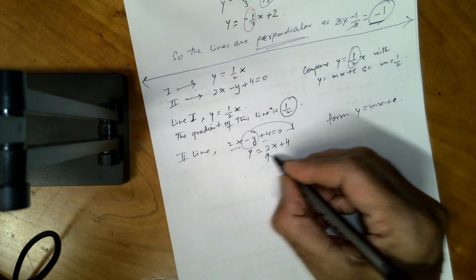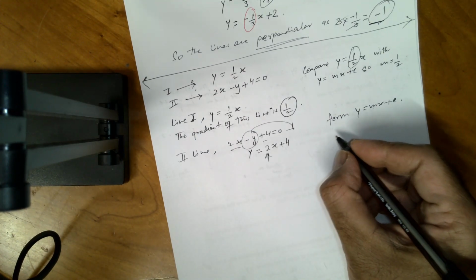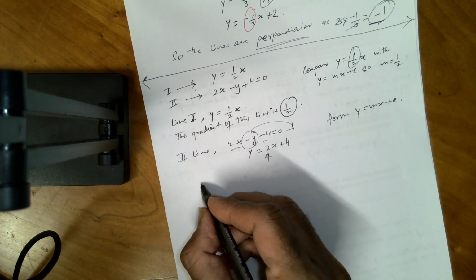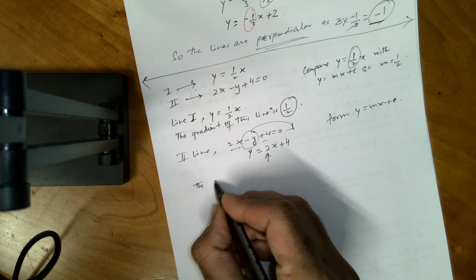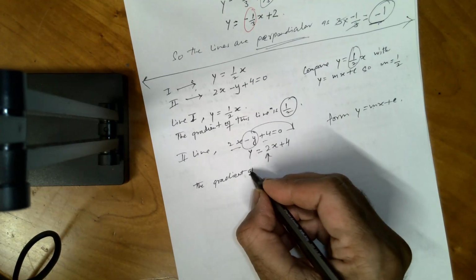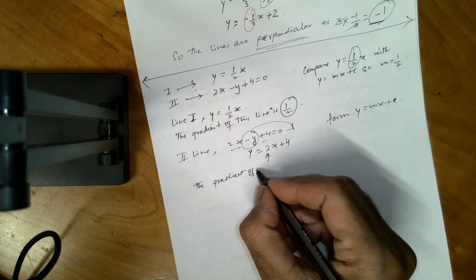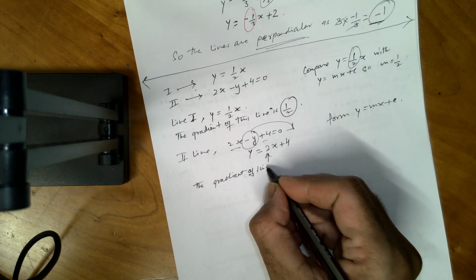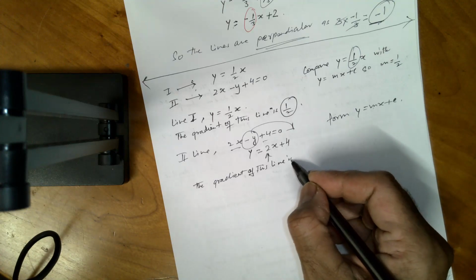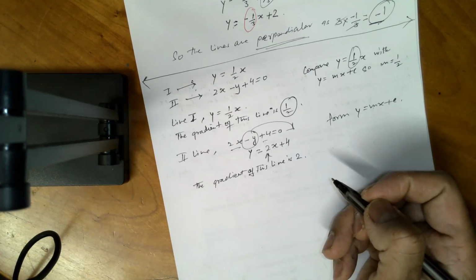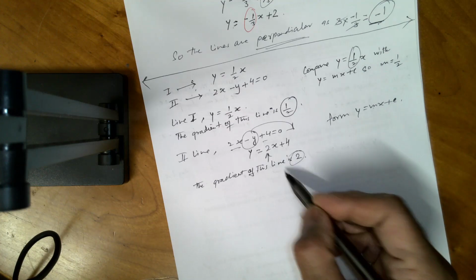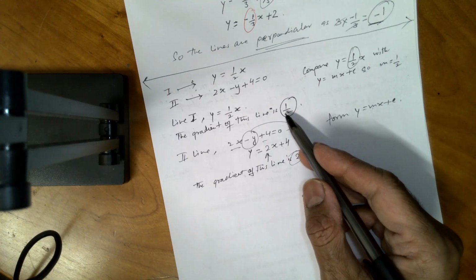This is your m. Make sure you write the gradient for each line. Gradient of the second line is 2. Once you have that, one gradient is 2 and the other is half.